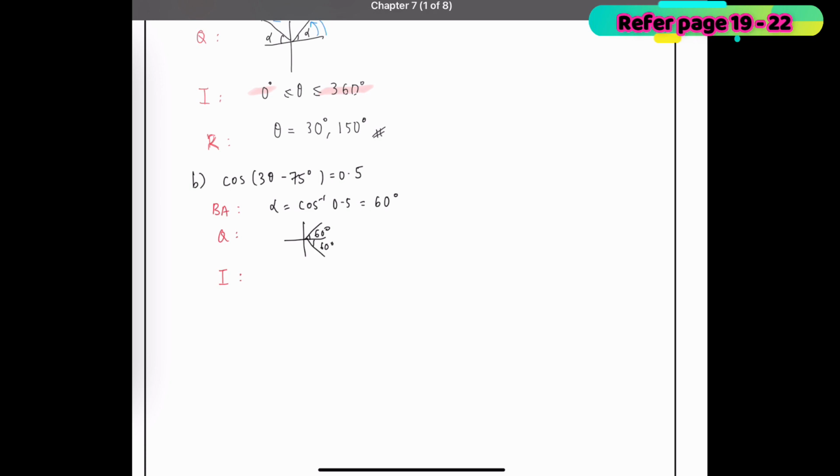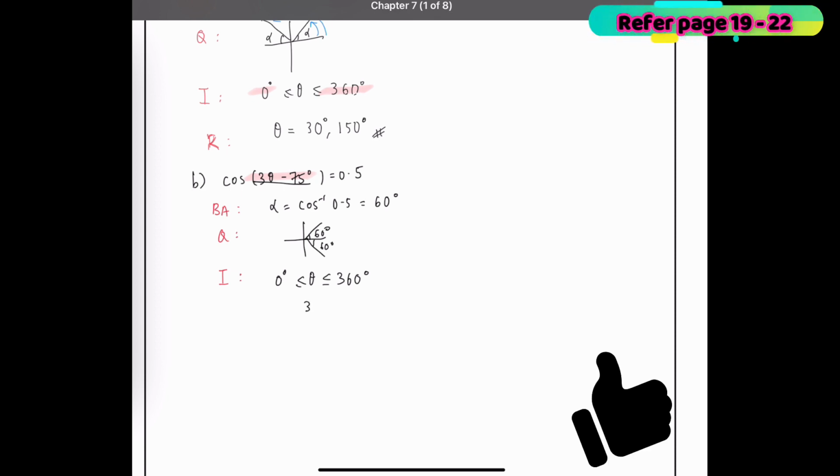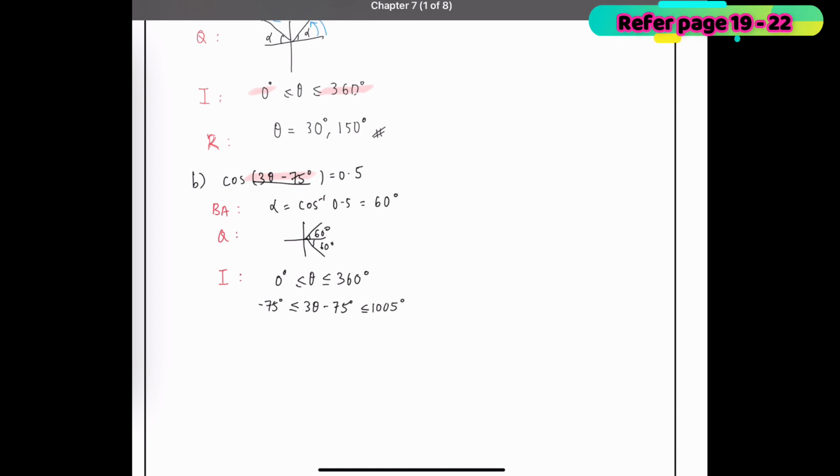For the interval, we start off with 0 to 360, but since the question asks for 3 theta minus 75, we have to multiply by 3 and deduct 75. So it's going to be negative 75 until 1005.